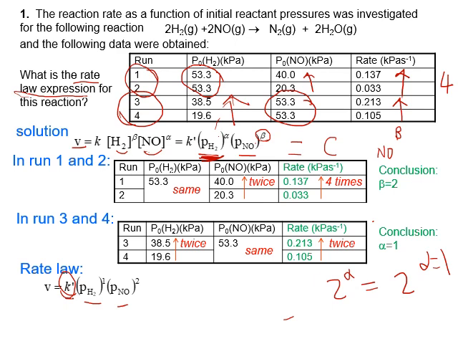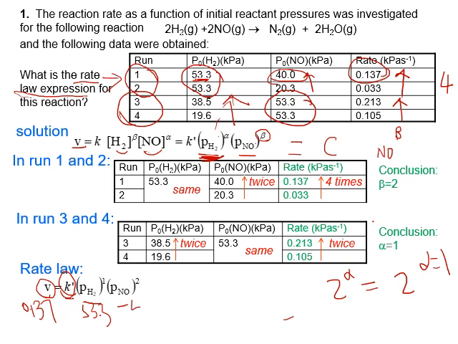To find the rate constant, we can choose any of these runs. For example, number 1. The reaction rate is given, so this reaction rate is 0.137, and that's here. The partial pressure of hydrogen is 53.3, it's this one, and the NO partial pressure is 40.